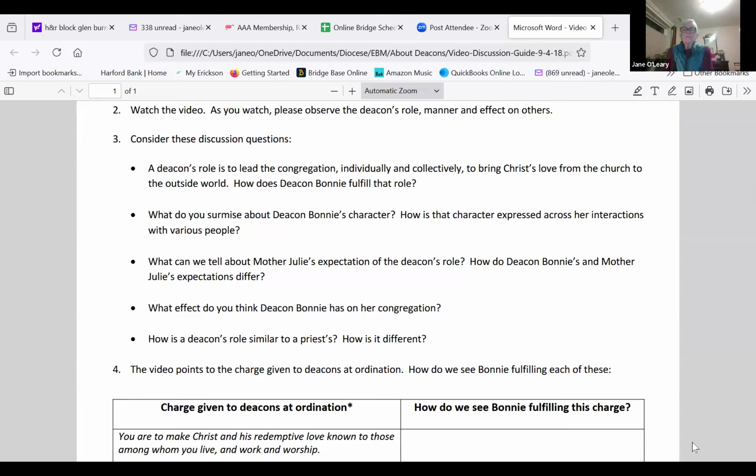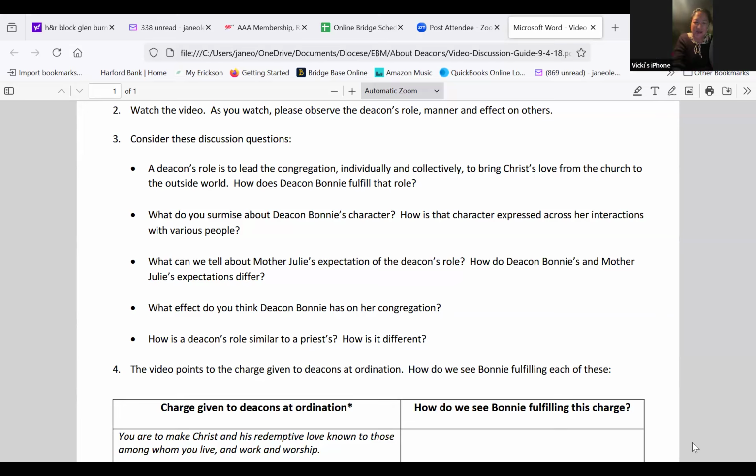What effect do you think Deacon Bonnie has on her congregation? I feel like they probably really value her. She's kind of that connective glue that keeps everyone stuck together, and an organizer type.